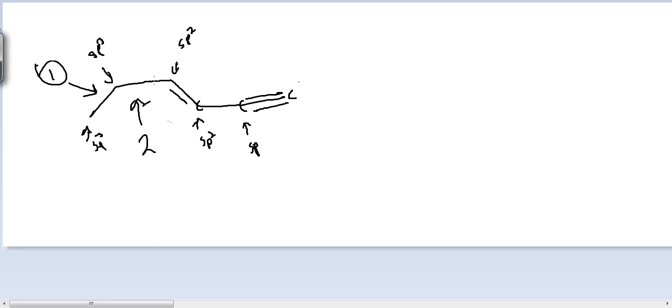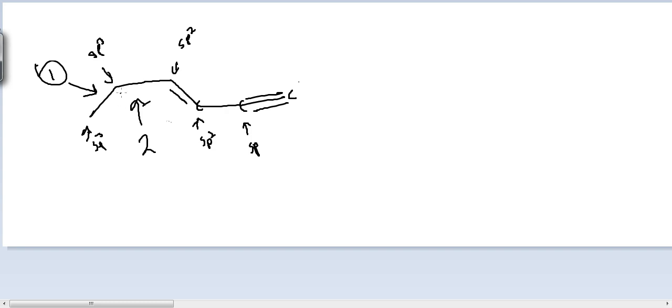When you talk about the bonds they're sharing, it's a bit different. You'll say this one is an sp3 orbital overlapping with an sp2 orbital, and we'll get into that in a different video. But for this problem, we're just going to assume these are the carbons' hybridizations.